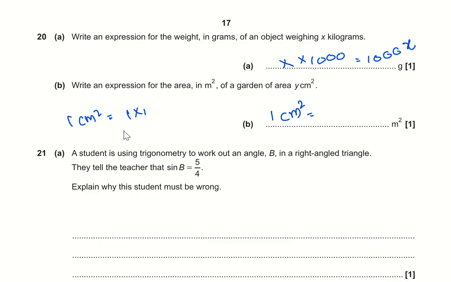So 1 divided by 100 is 0.01, times 0.01. That means 1 centimeter squared equals 0.0001 meter squared. So if we have y centimeter squared, that means y times 0.0001.